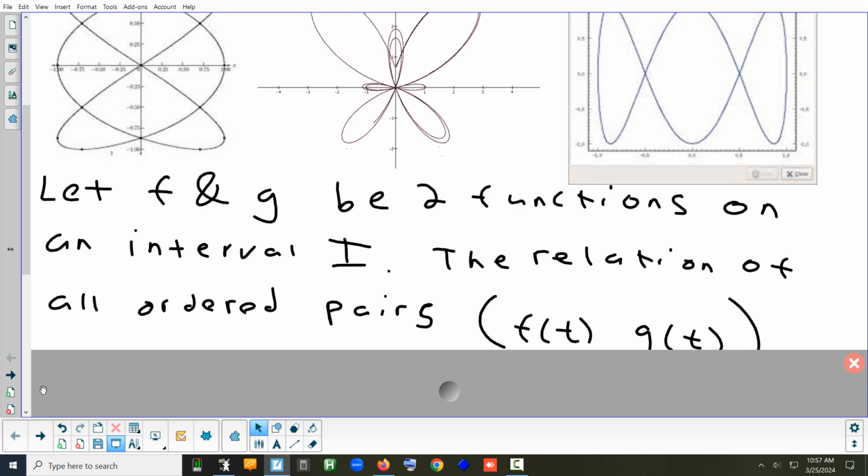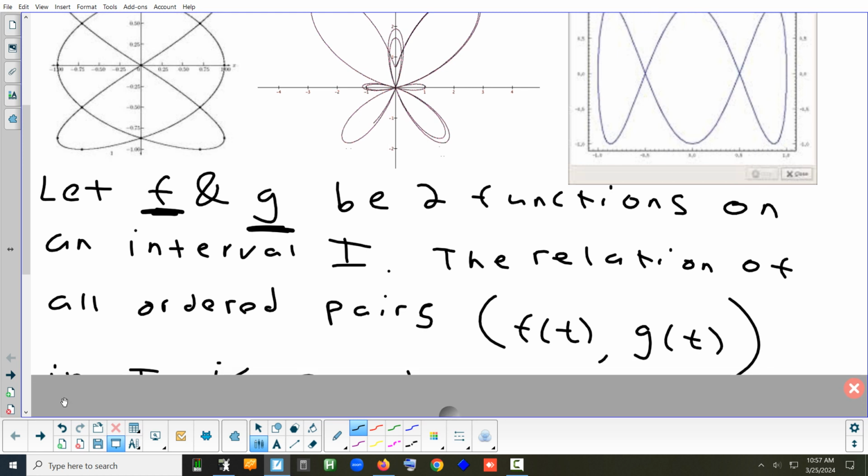So two formulas, one for x, one for y. When I talk about two different functions here, I'm talking about one formula that's going to generate all the x values. Call that formula f. And we'll have a different formula. Call it anything you want, but I'm calling it g here. And g is going to generate the y's.